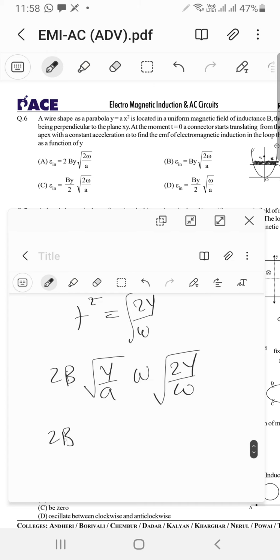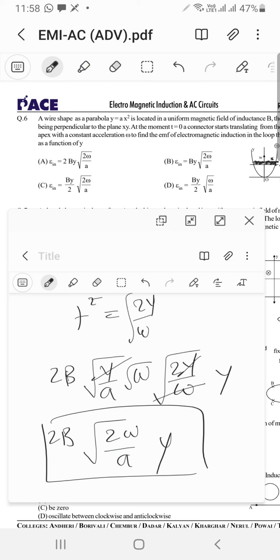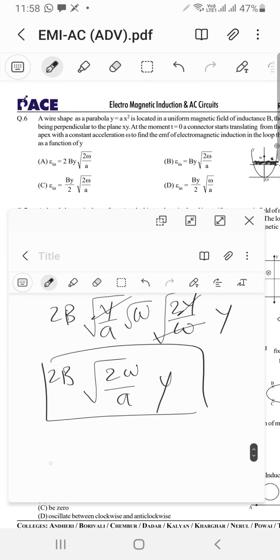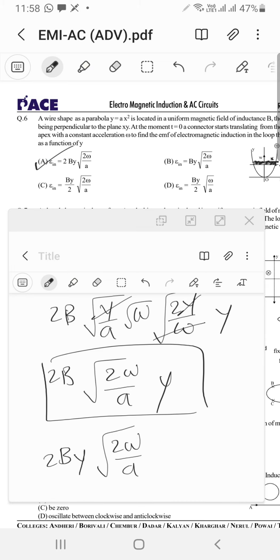So it's 2B, and then that's square root of omega over there, and this is y, so square root of 2 omega upon a times y. That's good. So 2By square root of 2 omega upon a. Yeah, that's the first option.